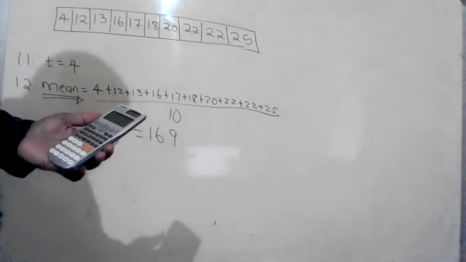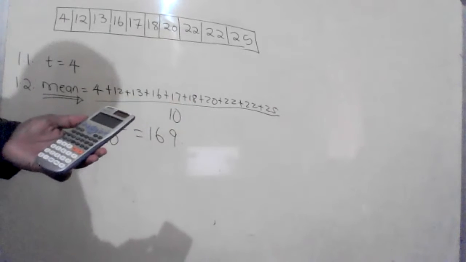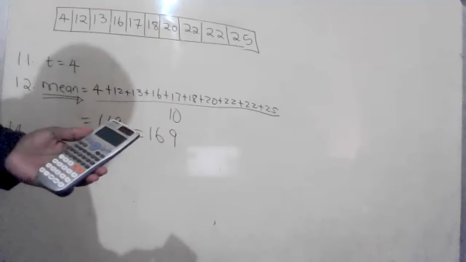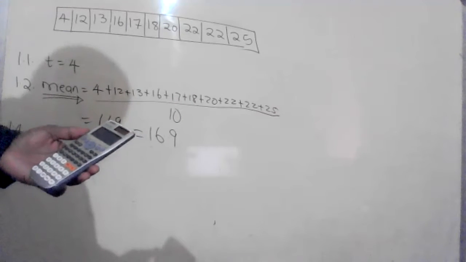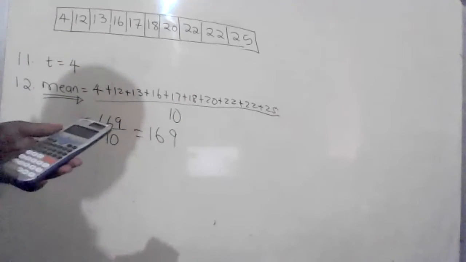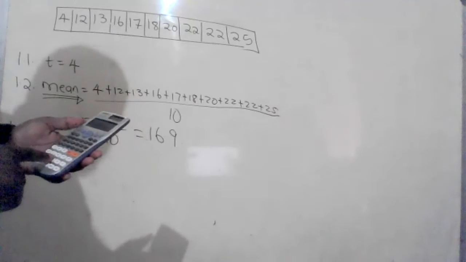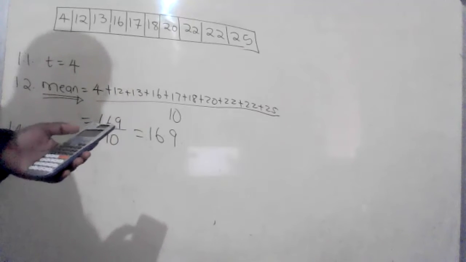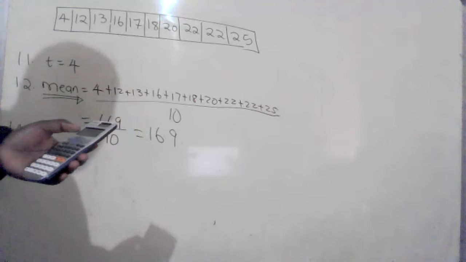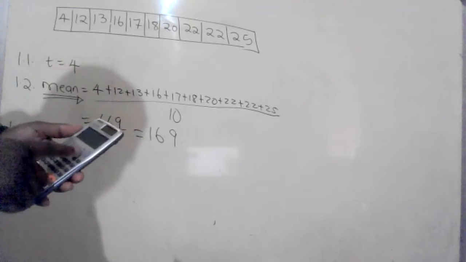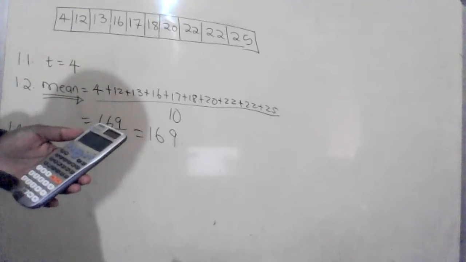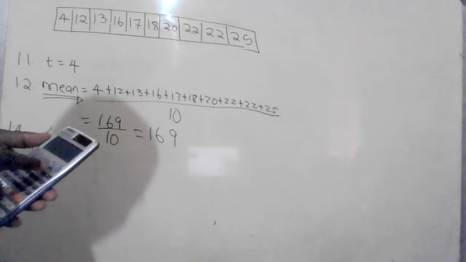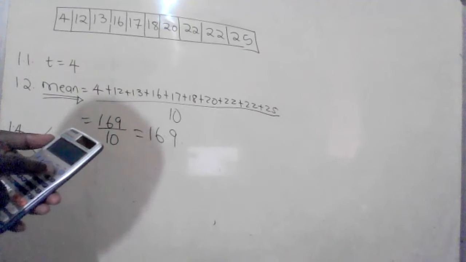You press the mode button. I hope you have a scientific calculator with you that side. Yes, so you press the mode button, and then from there you go to option number 3, which is stat. After you first press the mode button or setup button.